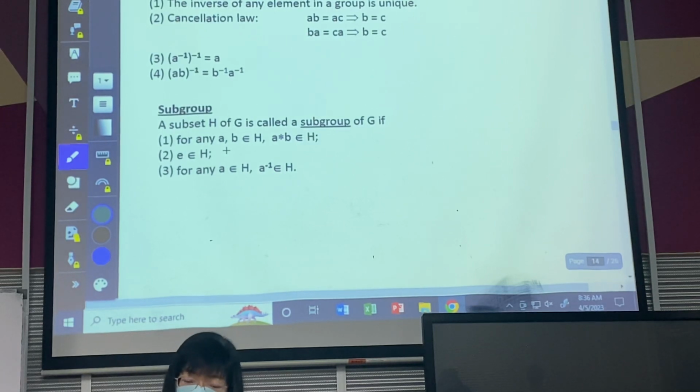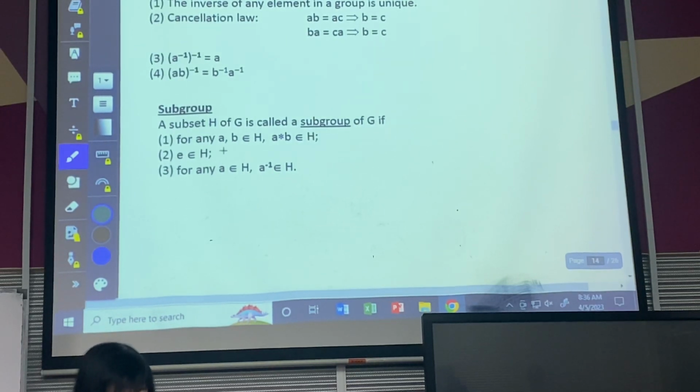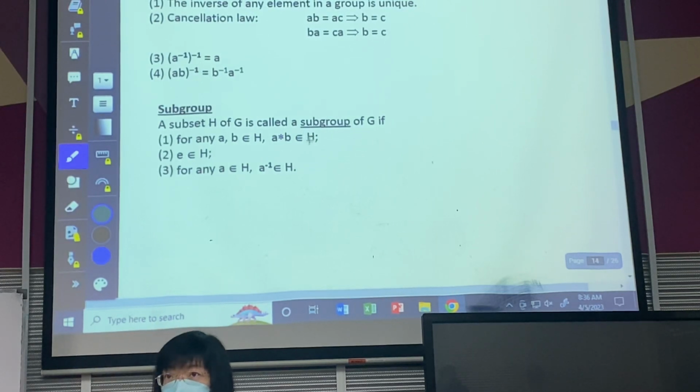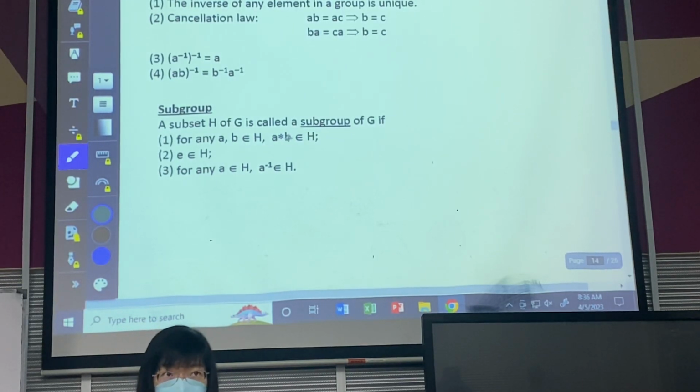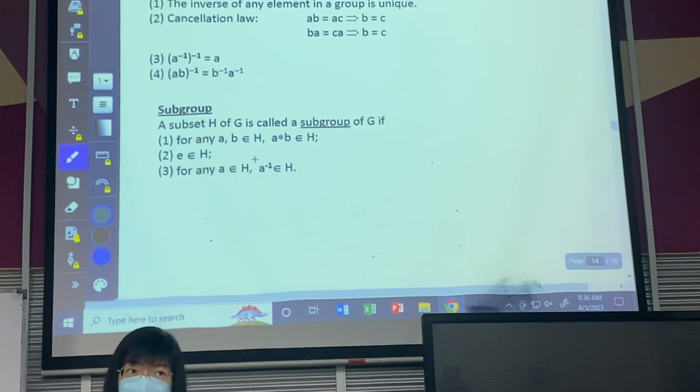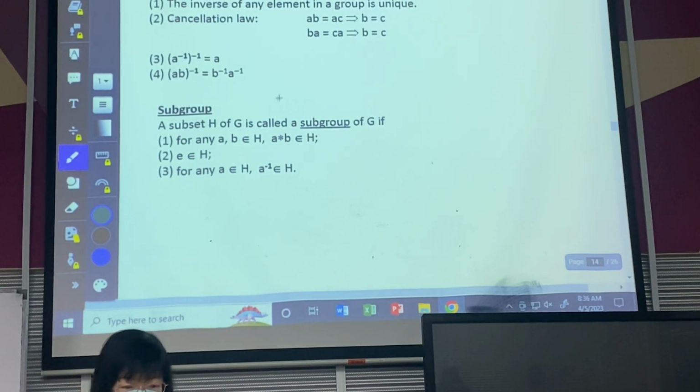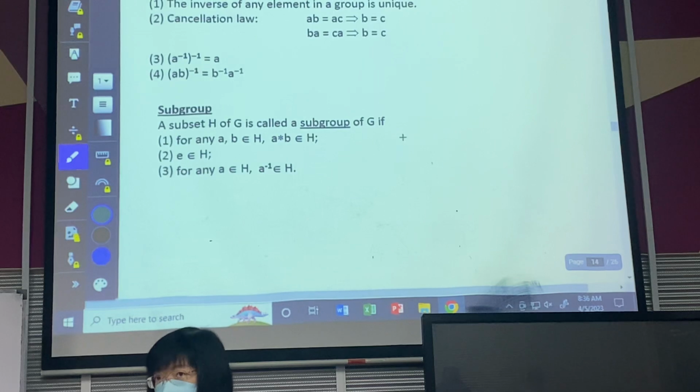Now, for the 3 conditions for a subgroup, 2 of them are the same as the group, except the first one, which is whether it is closed under the operator given or not. Another way to say it is, is the operator a valid binary operation or not? This is what you need to determine instead of associativity.